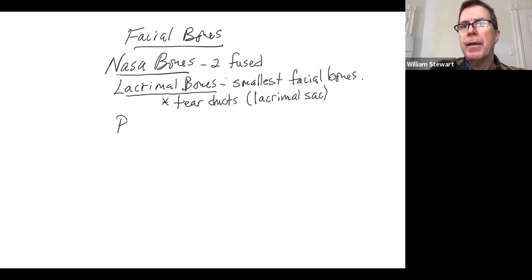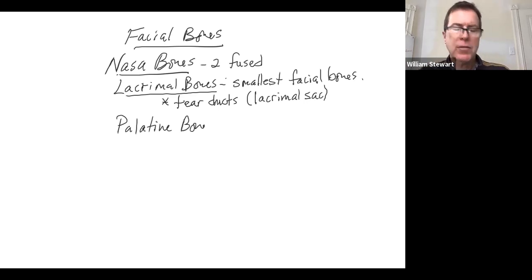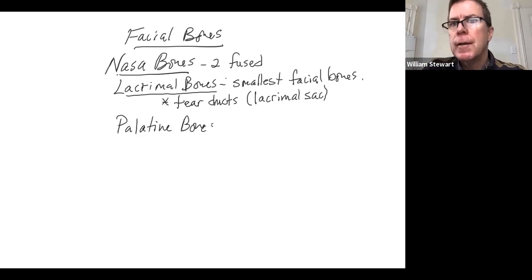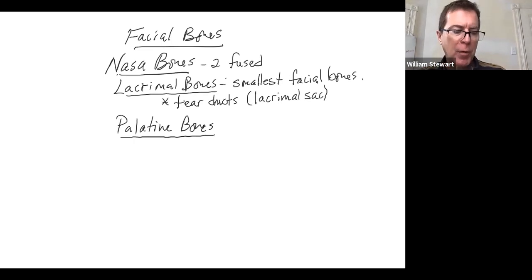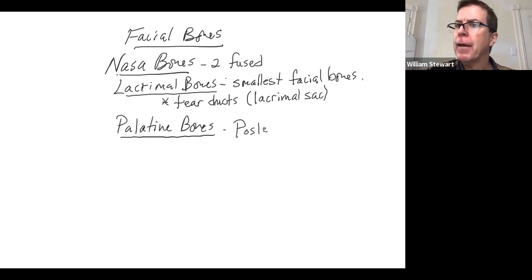All right, let's do the palatine bone. This is also two bones fused together. That's why I'm writing the word bones, right and left, but they're fused. So they appear as one bone. The palatine bone is the posterior, that means toward the back, hard palate.